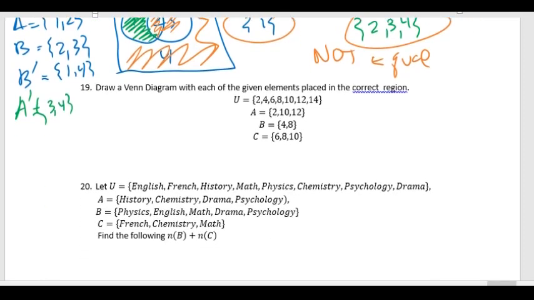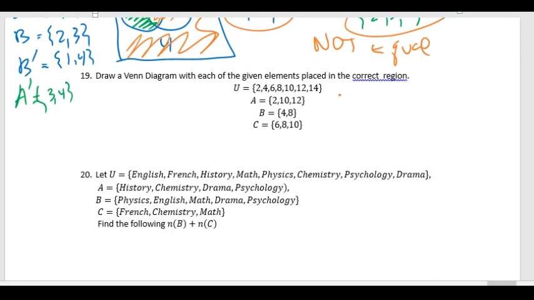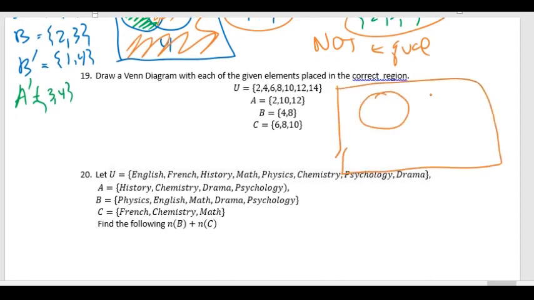Draw a Venn diagram with each of the elements in the correct region. So here we have A, B, and C. First you want to see, do they have anything in common, like the three sets here? We have nothing in common for all three. Now let's look at A and B. What does A and B have in common? Nothing. Okay, what does B and C have in common? 8.